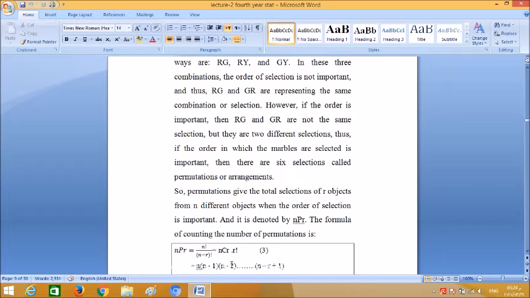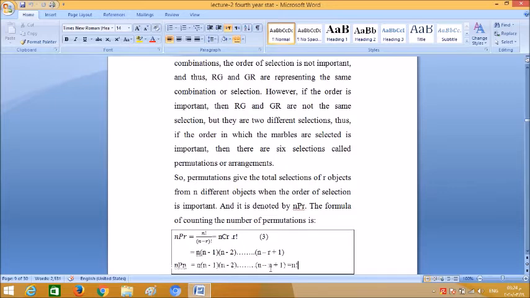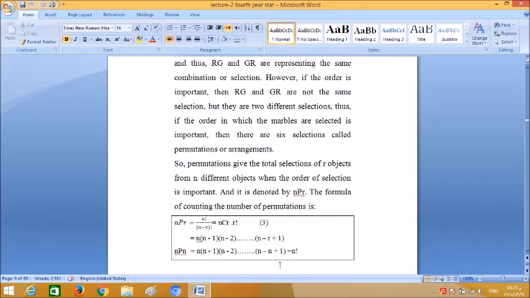So the result here for nPr is multiplying all numbers beginning with n to reach n minus r plus 1. Okay, so nPn equals n factorial, and n factorial equals n multiplied by n minus 1 by n minus 2 to reach 1, or 3 by 2 by 1, as I said.